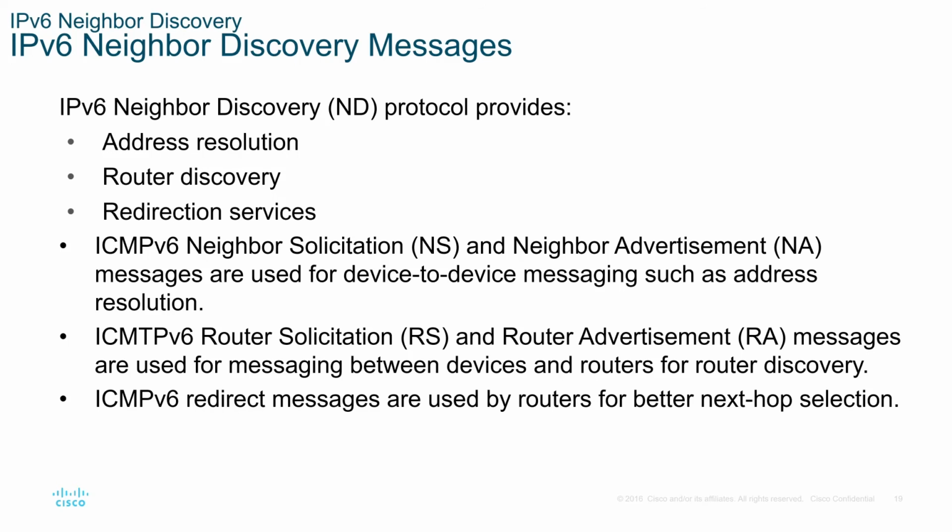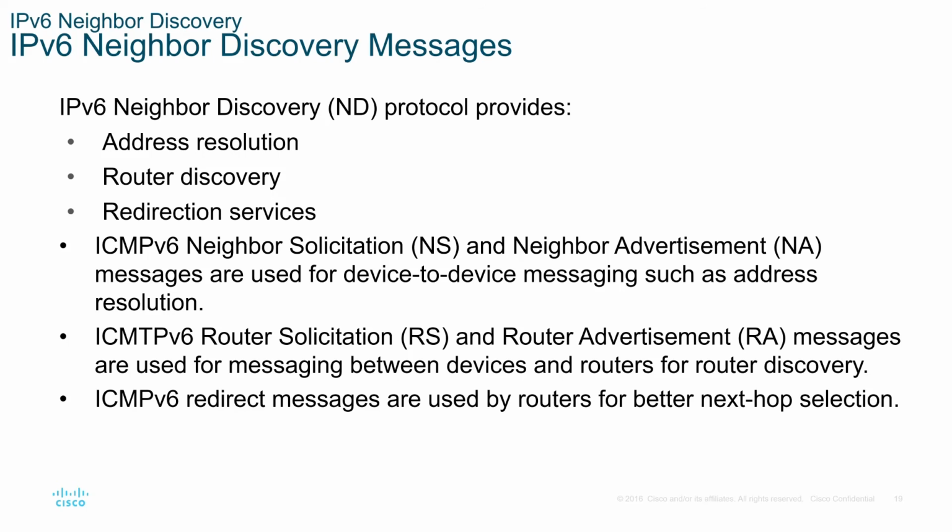ICMPv6 neighbor solicitation and neighbor advertisement messages are then used for device-to-device messaging, such as address resolution. ICMPv6 router solicitation, or RS, and router advertisement messages are used for messaging between devices and routers for router discovery. ICMPv6 redirect messages are used by routers for better next hop selection.